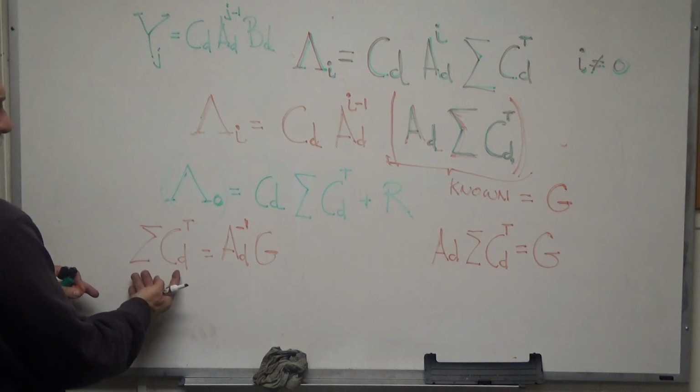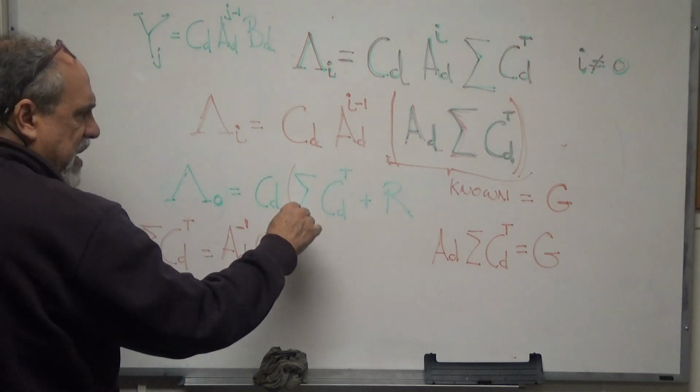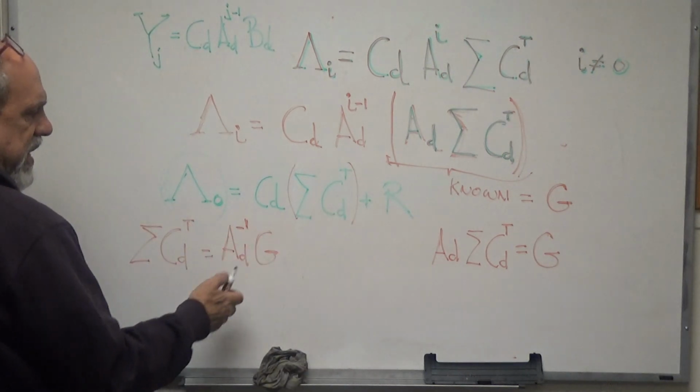Now that means that sigma CD transpose, which is here, can be replaced by this.